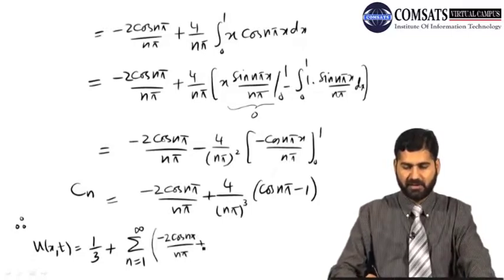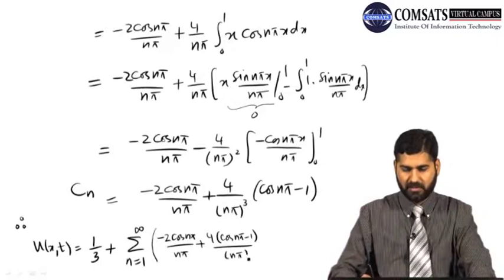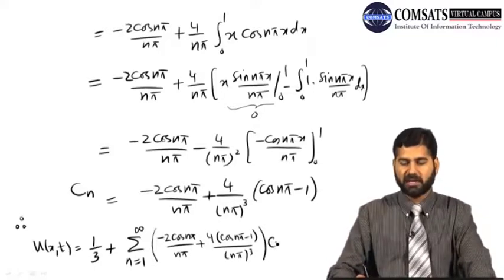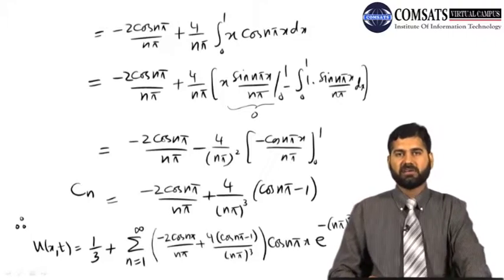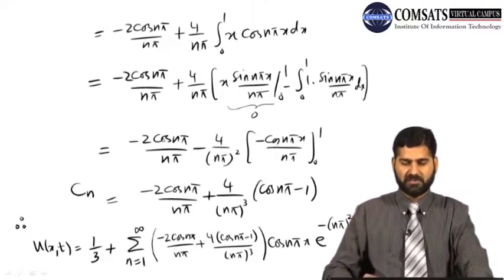This is your Cn. Cn cosine n pi x and e to the power minus n pi square t. So this is your general solution of the given partial differential equation with boundary conditions and one initial condition.